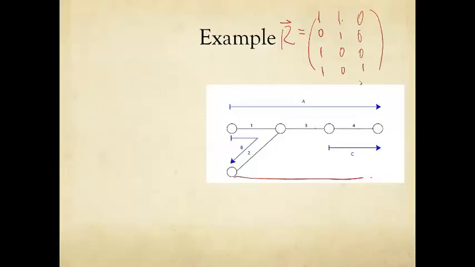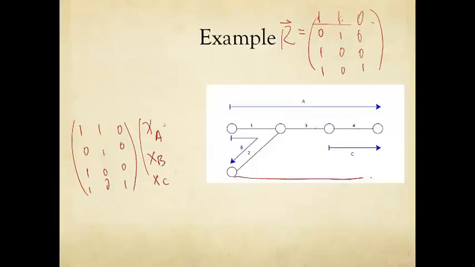We can also see that link 1, the first row of the routing matrix, is used by 2 sessions, A and B. So now we can write down the constraint, which is the matrix 1, 0, 1, 1, 1, 1, 0, 0, 0, 0, 0, 1, multiplying the rates of these 3 sessions.